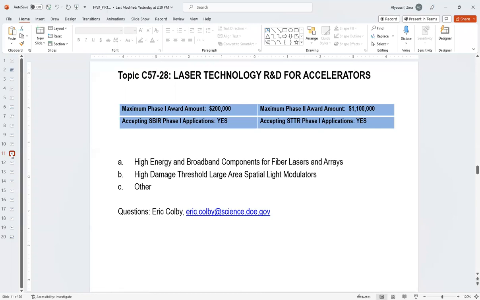So we have 3 topics that are shown here. Topic A is high energy and broadband components for fiber lasers and arrays. That's a fairly wide open area where we're looking for low cost subsystem level components, power combiners, power splitters, pump power splitters, et cetera.